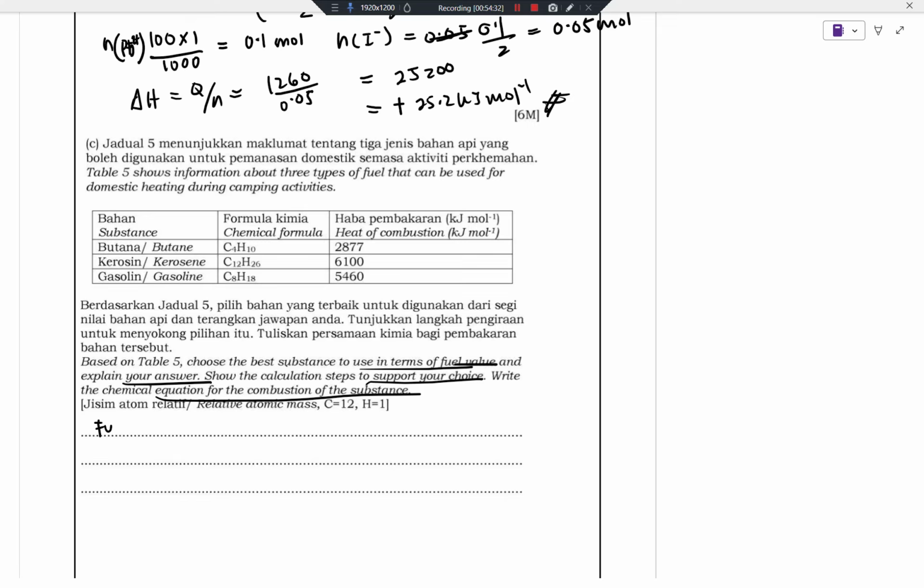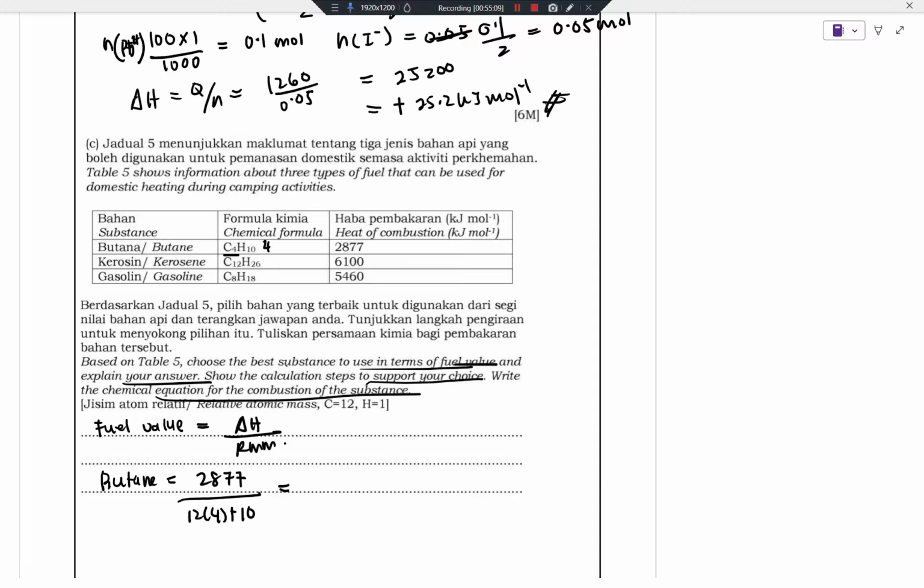Fuel value is calculated as delta H divided by RMM. For butane, delta H is 2877, and the RMM of C4H10 is 12 times 4 is 48, plus 10, 58.